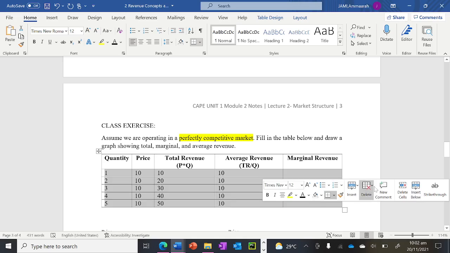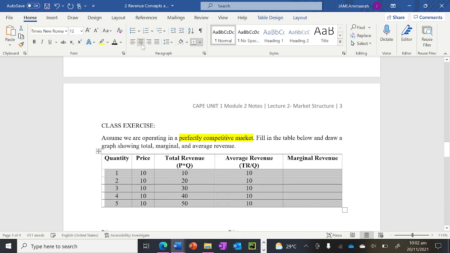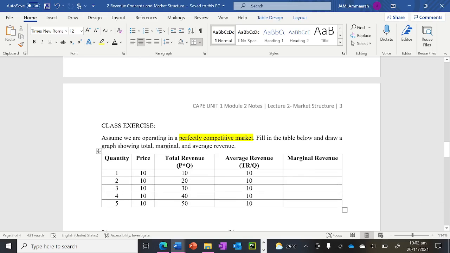Okay. And your marginal revenue, how do you figure out marginal revenue? Marginal revenue. That's Mr. Darp, average revenue, price.